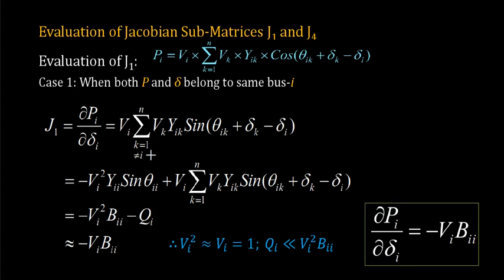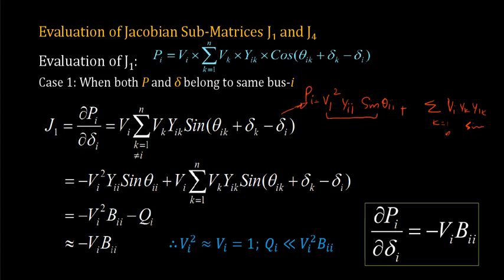So here you can say that this particular term can be split into two terms: VI squared YII sin theta II will be the first term, plus sigma k is equal to 1 to n, Vi Vk Yik sinusoidal terms. And so this is the expression for Pi.